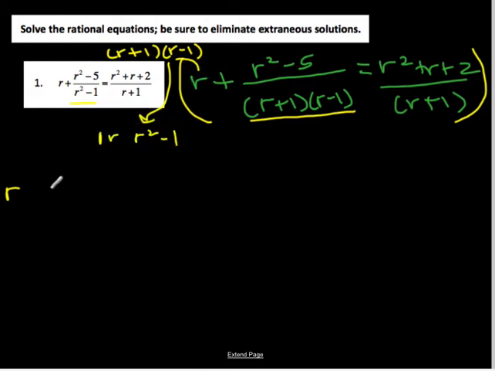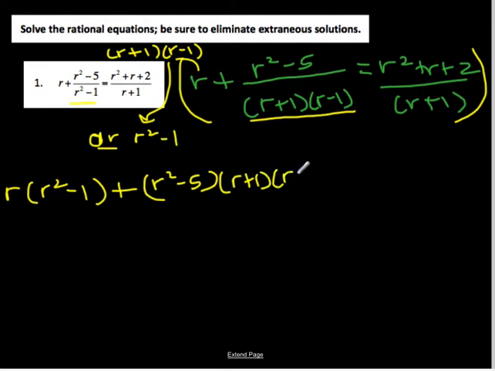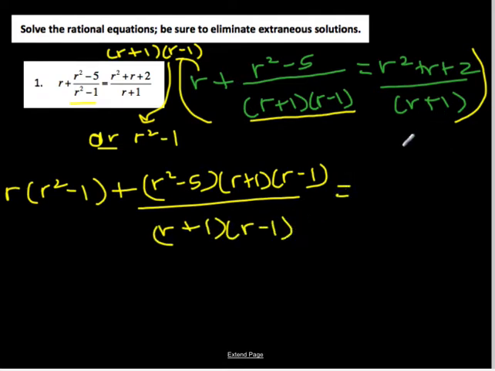So it's r times r squared minus 1, plus, now I would have what I have here, r squared minus 5, times r plus 1, r minus 1, all over my r plus 1, r minus 1, will equal r plus 1, r minus 1 times my r squared plus r plus 2, all over r plus 1.